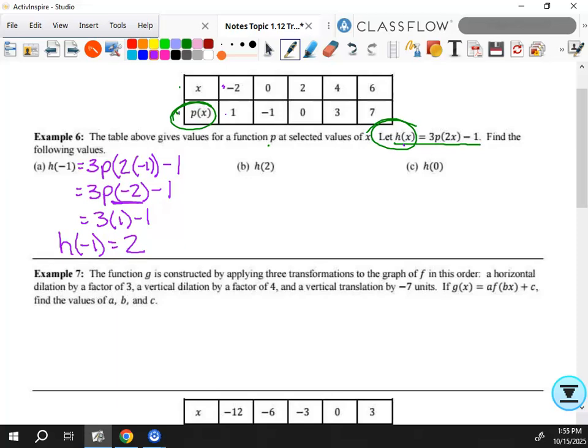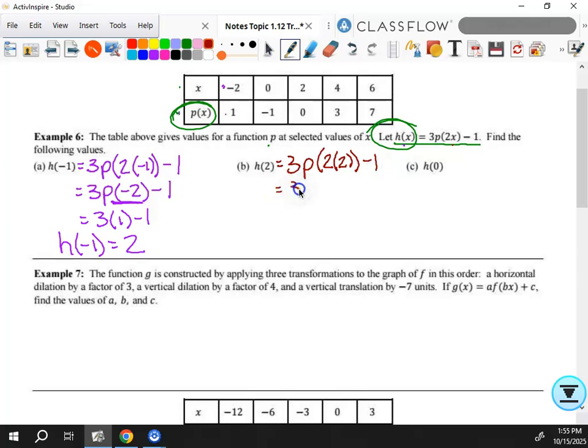So there's going to be lots of different ways that we apply this stuff. Okay? You have questions? You got that? Okay. All right. So then for h of 2, I'm just going to substitute 2 in there. It's going to be 3 times p of 2 times 2 minus 1.